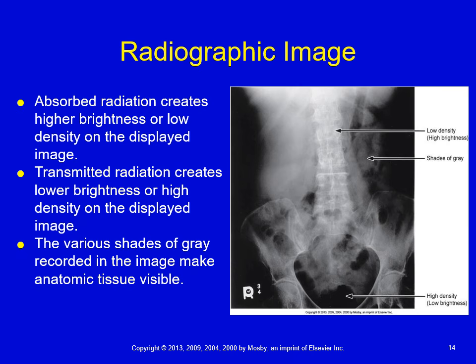So we have white, different shades of gray, and then we have the darker areas such as the black. So more absorption basically means that we're going to get areas on our image that are whiter or brighter, and more transmission basically means that we're going to get areas on our X-ray image that are darker or blacker.